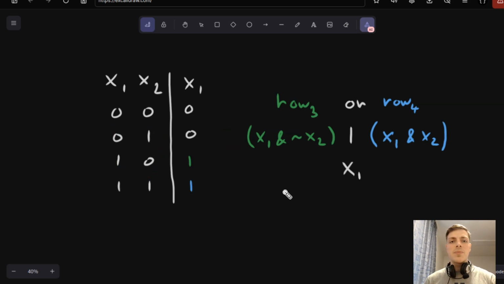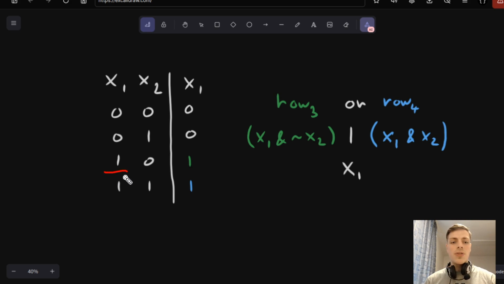Let's look at one more example, and here we will try to understand how we can simplify the final circuit. Here we have inputs x1 and x2, and our output is equal to only x1. So that means rows 3 and 4 are equal to 1. And this is the final circuit, and you can see it's quite complex. But we can reduce the number of elements in the output by looking at the rows that have the same values for all of the variables except for 1.